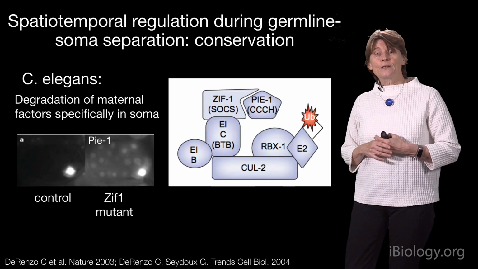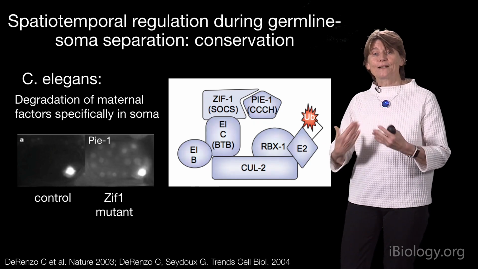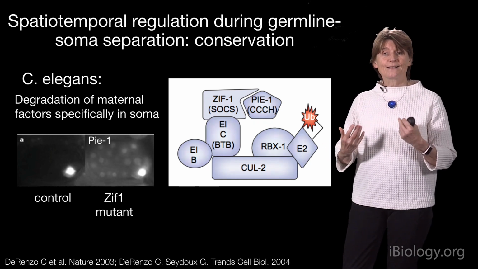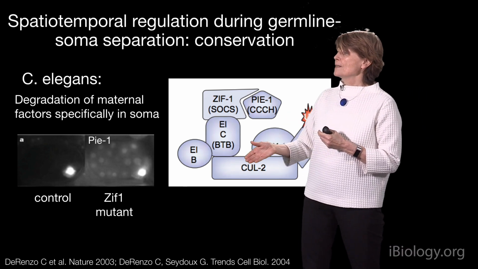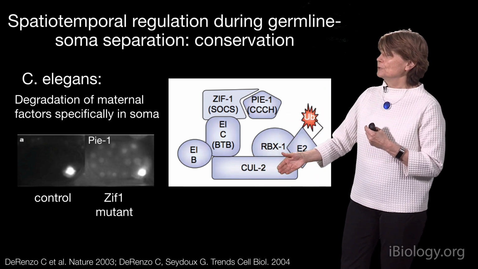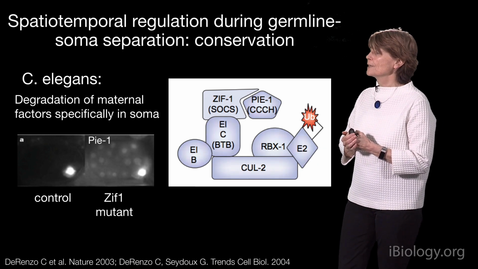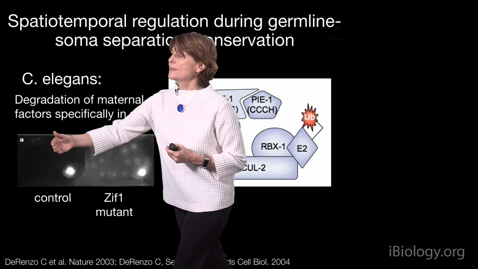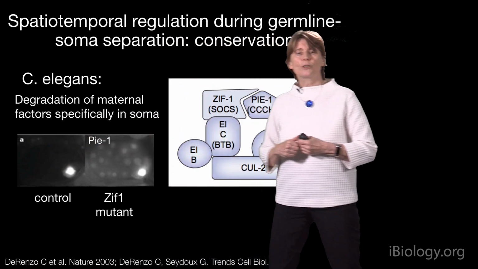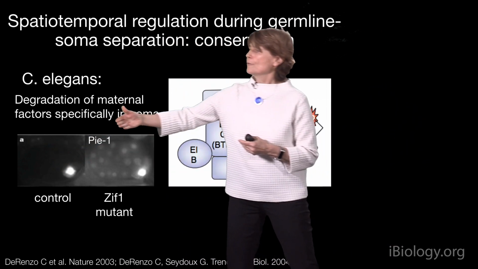This is not the only place where soma-germline distinctions require degradation. Indeed, in C. elegans, it's been shown that another Cullin-2 degradation process leads to the degradation of somatic proteins, maternal proteins which are in the soma or in the future soma.